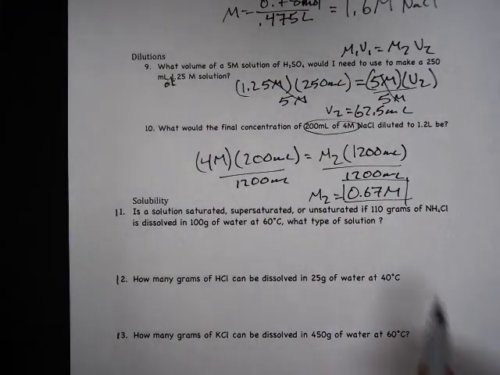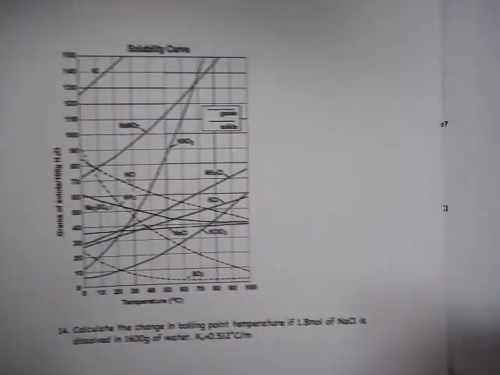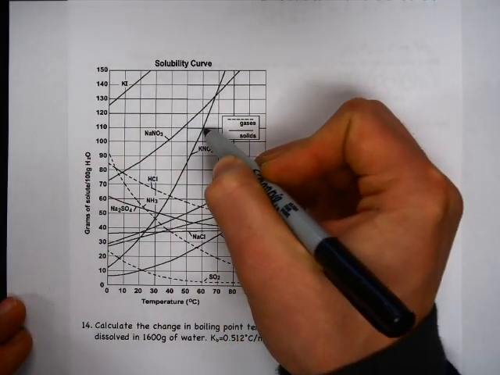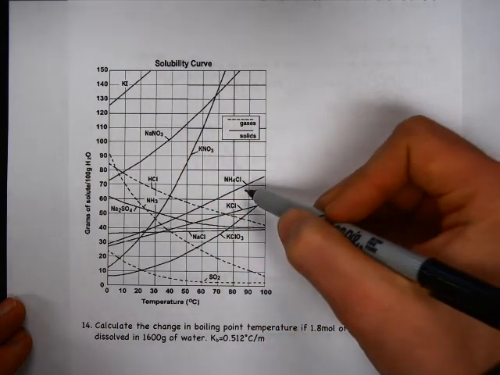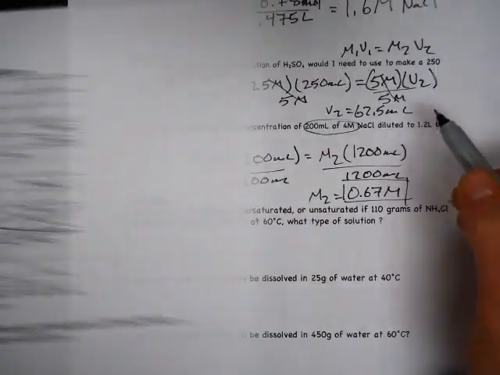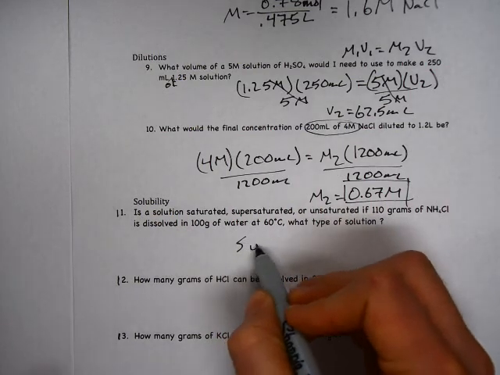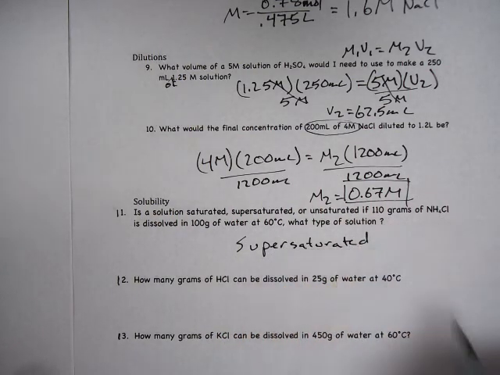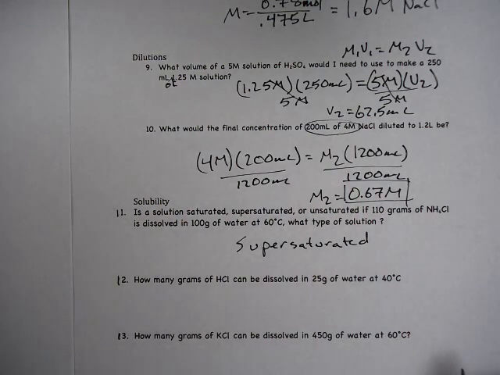So I find the temperature, 60 degrees Celsius, find 110, which is right here. It's asking me about ammonium chloride, which is far above that line, so it would be supersaturated. And that'd be all you do. On the line is saturated, underline is unsaturated.